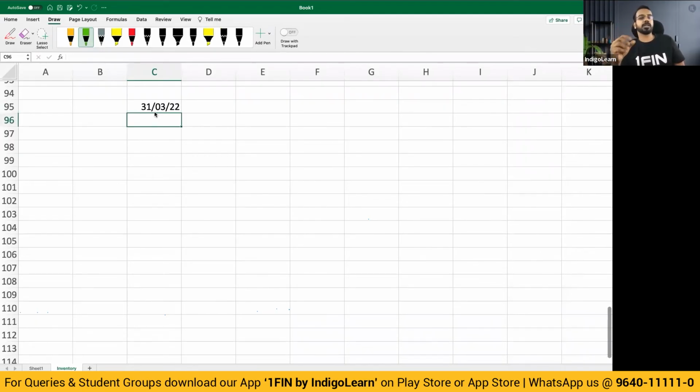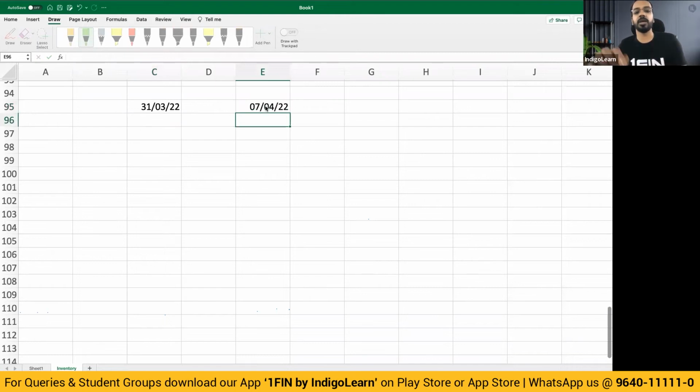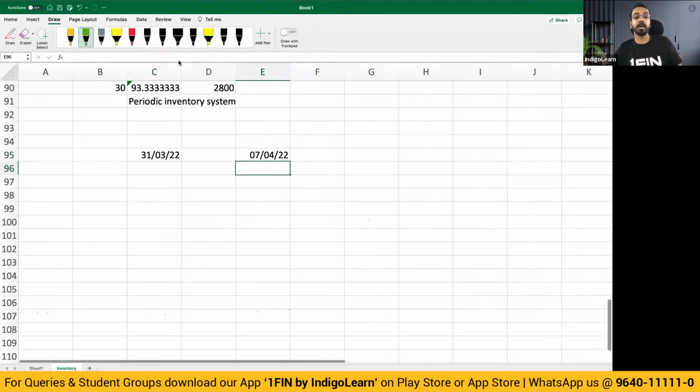So what companies do is carry out inventory taking over a period of time. It is not necessary that they carry it out on 31st of March. As per convenience, say they do the inventory taking on 7th of April 2022. But we need inventory as on 31st of March, while we take inventory as on 7th of April.